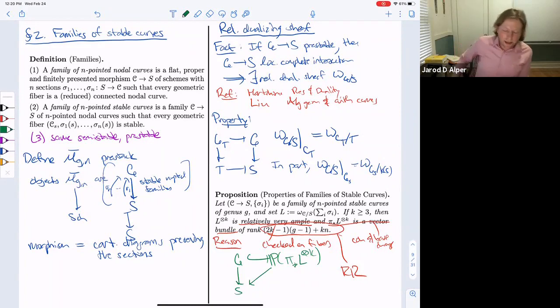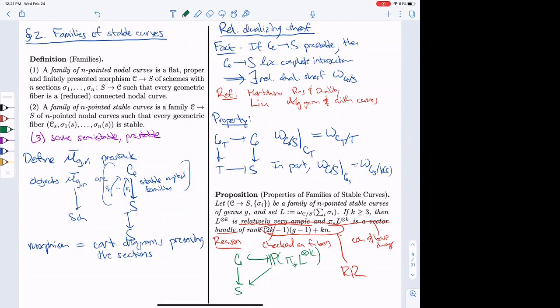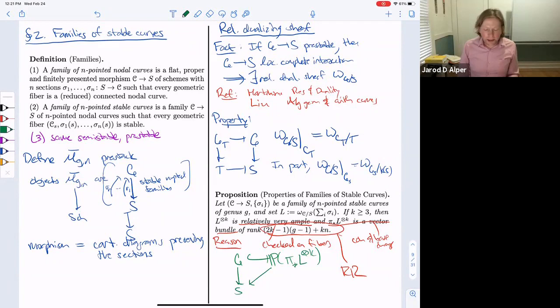I don't want to get into it right now, but it follows in a similar way as if S is just a point. Right, you use the functorial description of relative projective space. Okay. I don't want to go into all the details right now because it would be a bit of a detour. And in fact, I don't even want to use that.